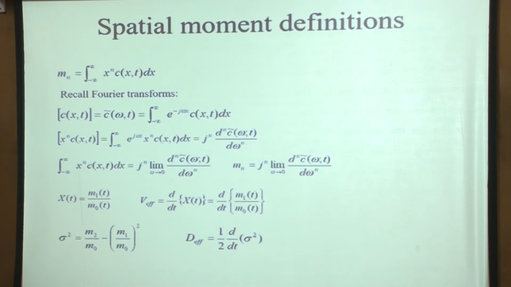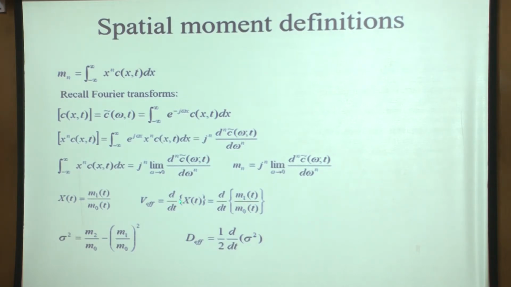What we can then show is, if I normalize these moments with the 0th moment, x of t, we will call that m1 over m0. This basically says how far the plume has moved. The effective velocity has this expression. So x of t shows you where the centroid of the plume is as a function of time.